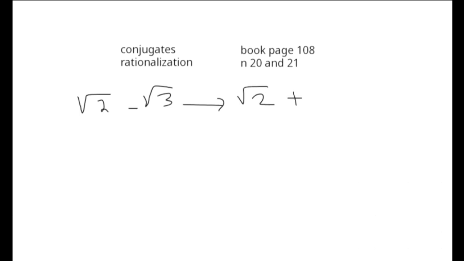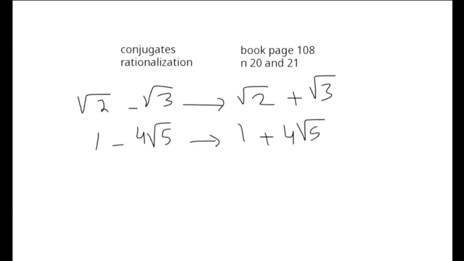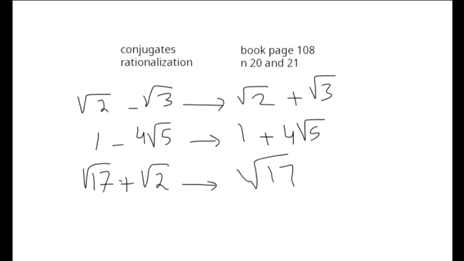If you have 1 minus 4 radical 5, the conjugate is 1 plus 4 radical 5. Now, if you have radical 17 plus radical 2, the conjugate of radical 17 plus radical 2 is radical 17 minus radical 2.